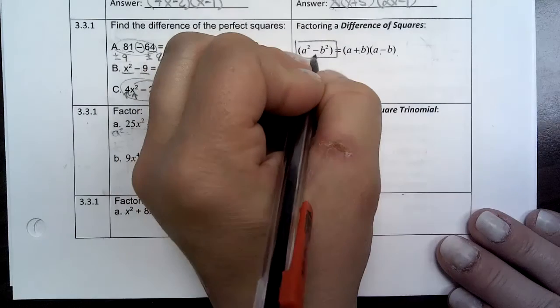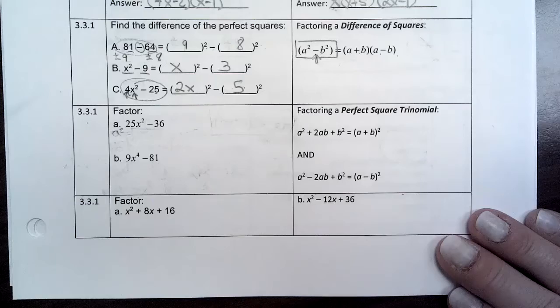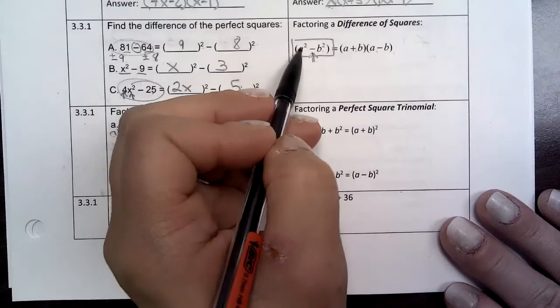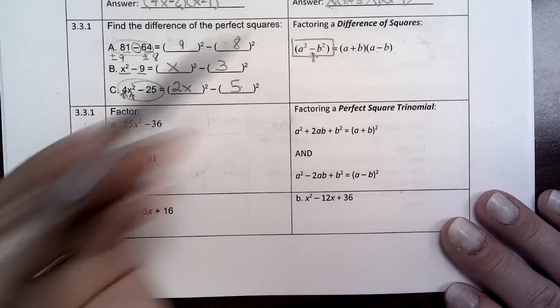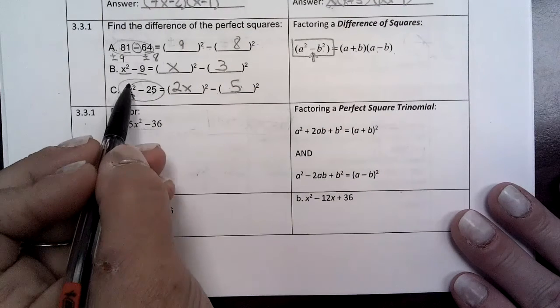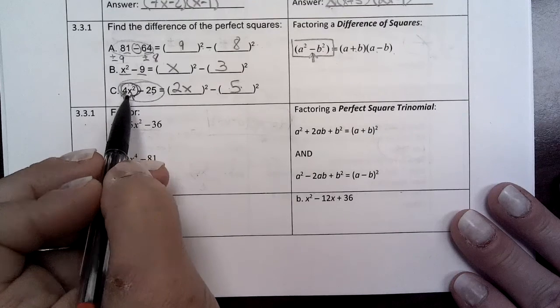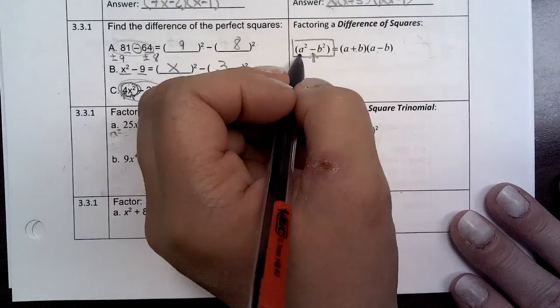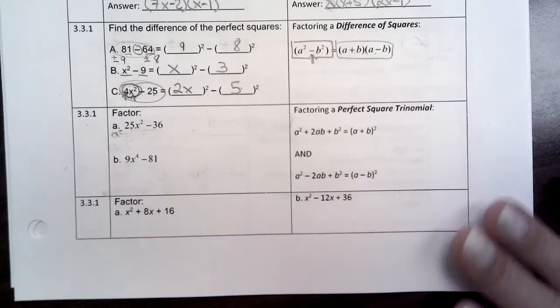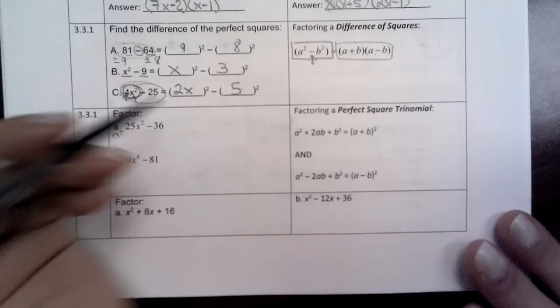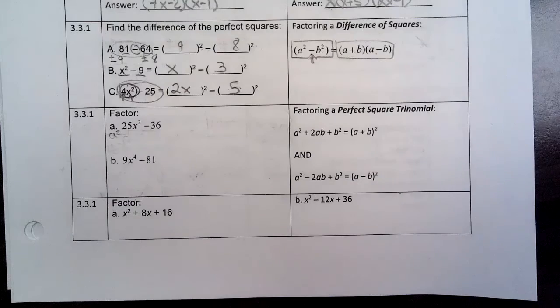The most important thing you have to look for, number one, make sure it's a minus sign, and number two, make sure it's an a squared and a b squared so that you can square both terms. Even if it's multiple parts to it, you have to make sure they are all perfect squares. And when you see that, then you know that you can write it as a plus b times a minus b. And it's just following these rules of taking square roots.